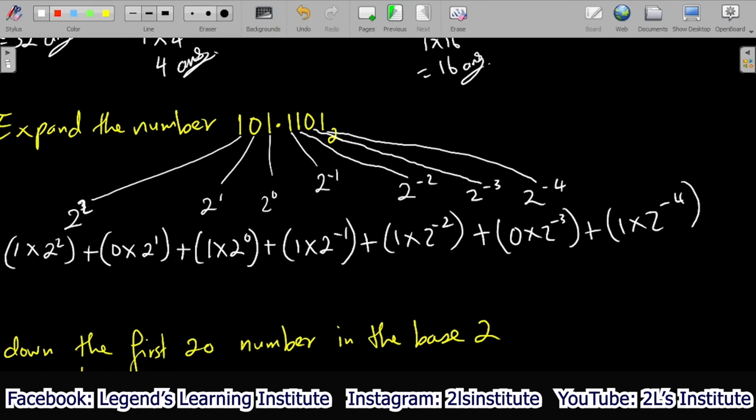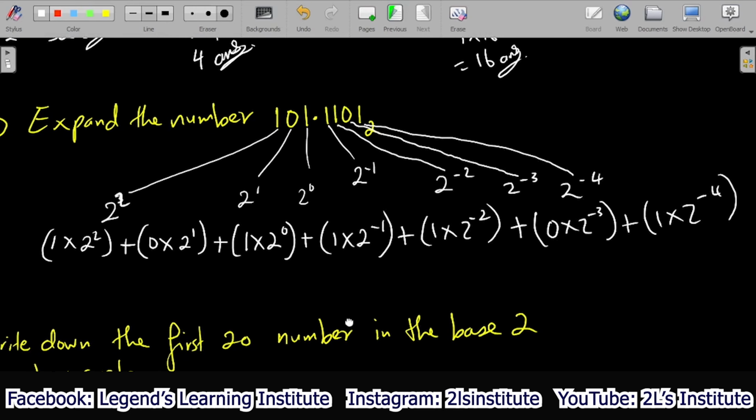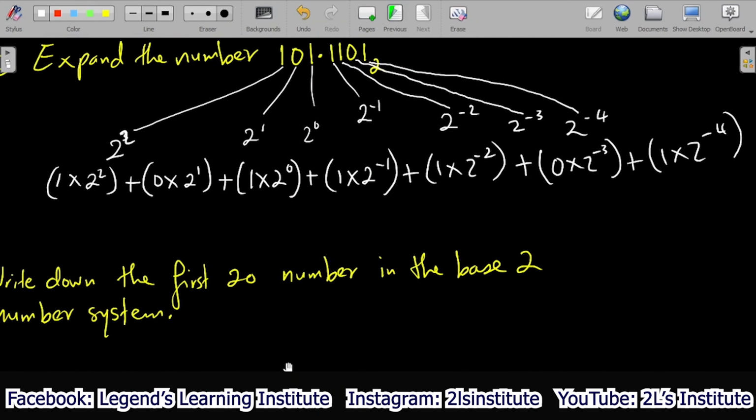So that would be equal to, alright, let me get some space down here.